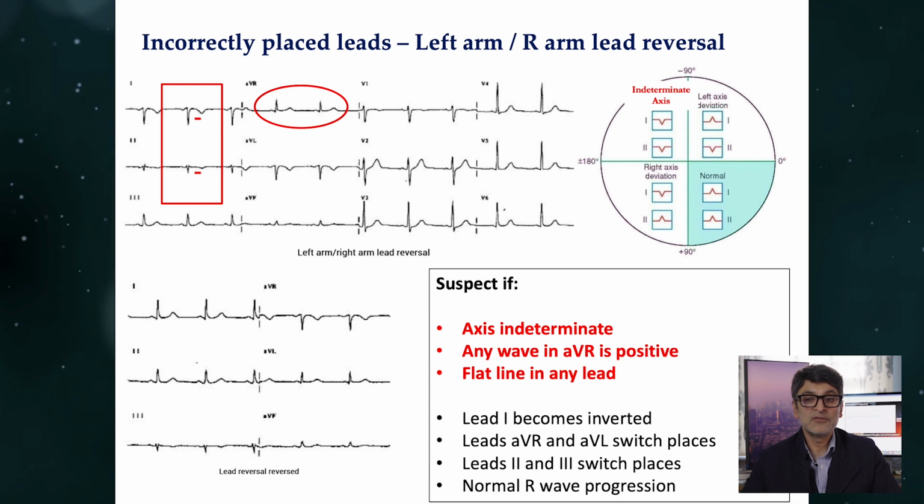So that's the pattern you see: indeterminate axis, and the diagnosis unfortunately of a misplaced ECG. If that's happening, repeat the ECG and potentially ensure that whoever is responsible for the ECG acquisition has been trained appropriately to place the leads.